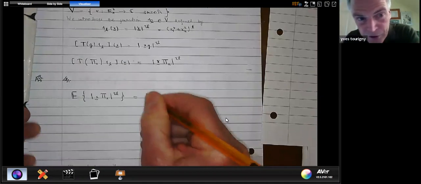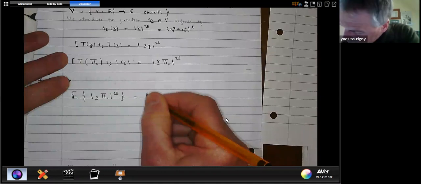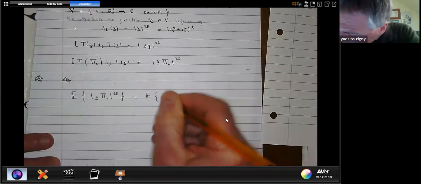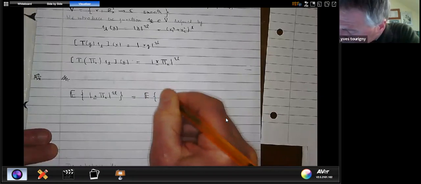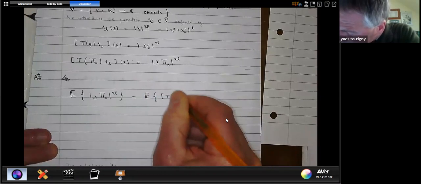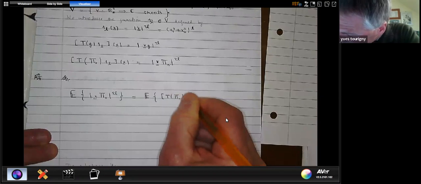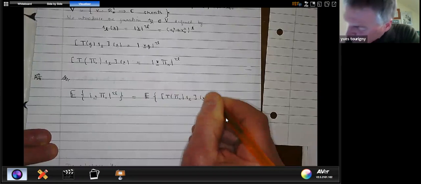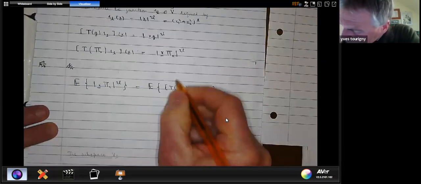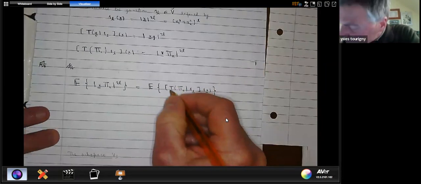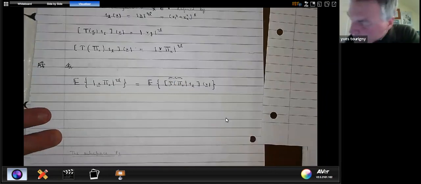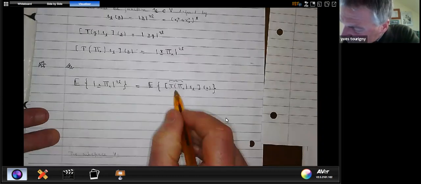So if I use this formula here, good. And now I'm going to use the fact that actually this is a representation. So you see it has this exponential property, so that I can develop this.